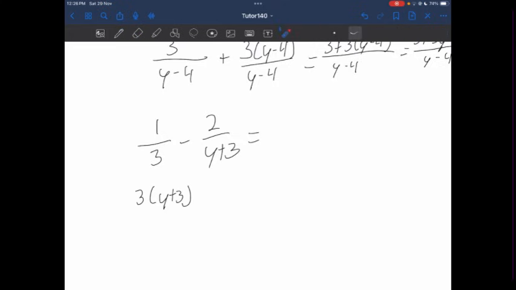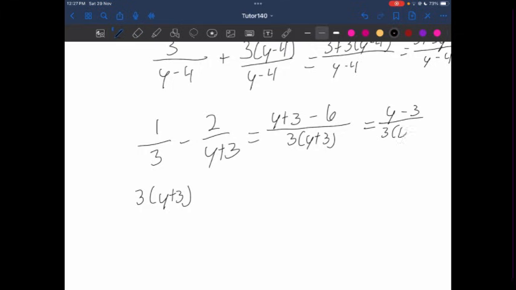So I'm going to multiply the first fraction by y plus 3, and since it's just 1, that's just y plus 3. And then minus, I'm going to multiply this fraction by 3 because it's just missing 3. So it'll just be minus 6, over the LCD, which is 3 times y plus 3. So our answer is y minus 3 over 3 times y plus 3.